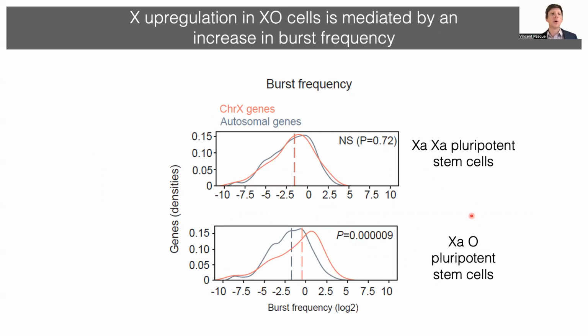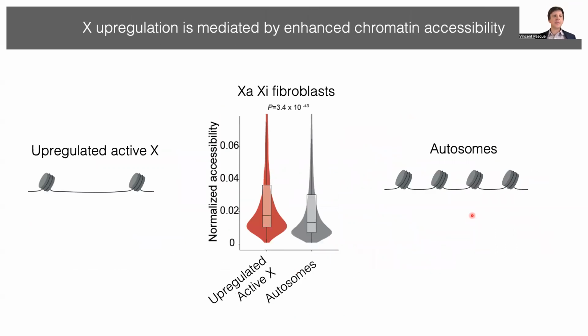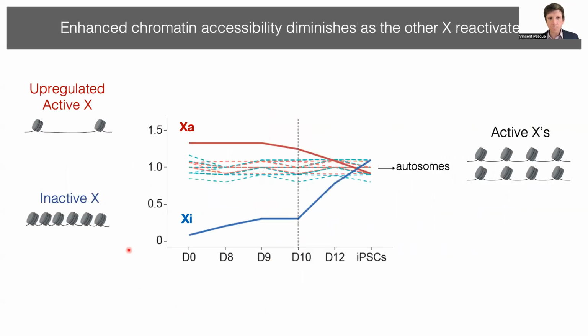And then when one of the two X chromosomes is lost, upregulation and increase in burst frequency take place. We were also interested in chromatin, and so we used ATAC-seq in female fibroblasts, and there we found that the upregulated active X chromosome has enhanced chromatin accessibility globally compared to autosomes. And so this suggests that X chromosome upregulation in mammals involves changes in chromatin accessibility.